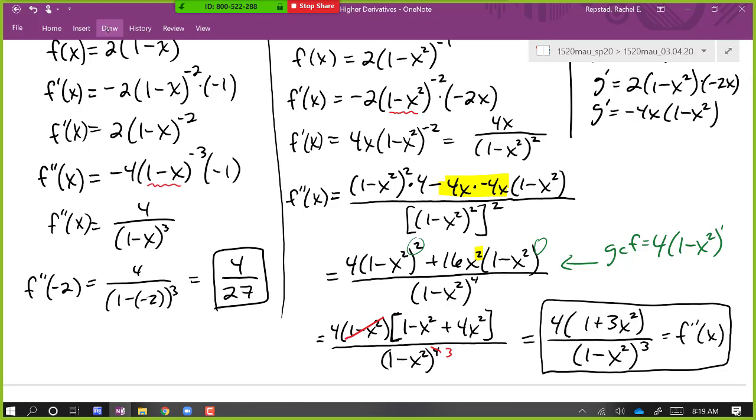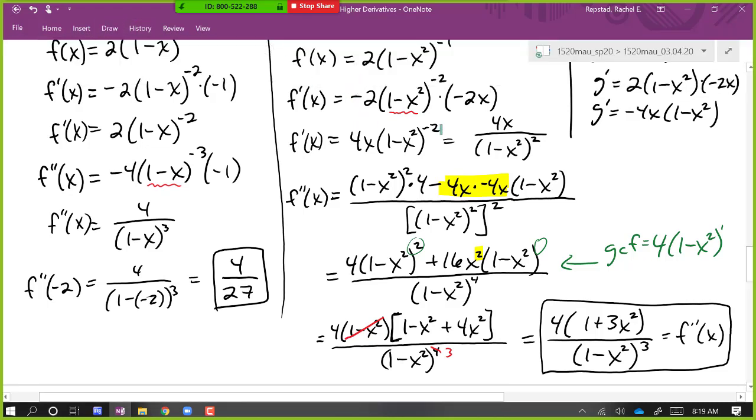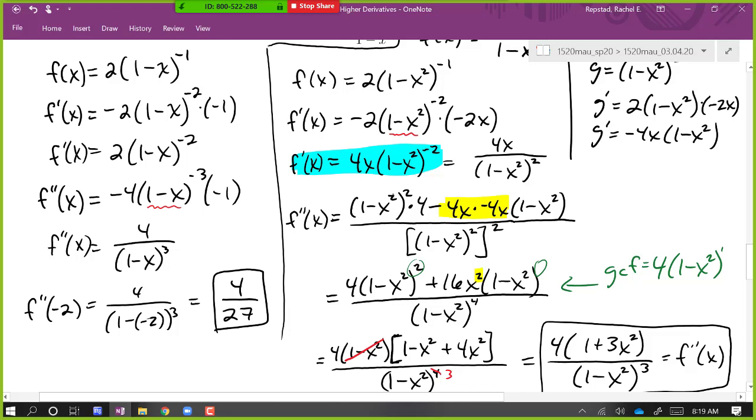I can't tell you how many times I will see somebody find the first derivative, and then forget about the existence of a product or quotient rule, and just multiply the two derivatives because they were able to do that with the first derivative. Having to use the chain rule right here switched up what we needed to do to find the second derivative.